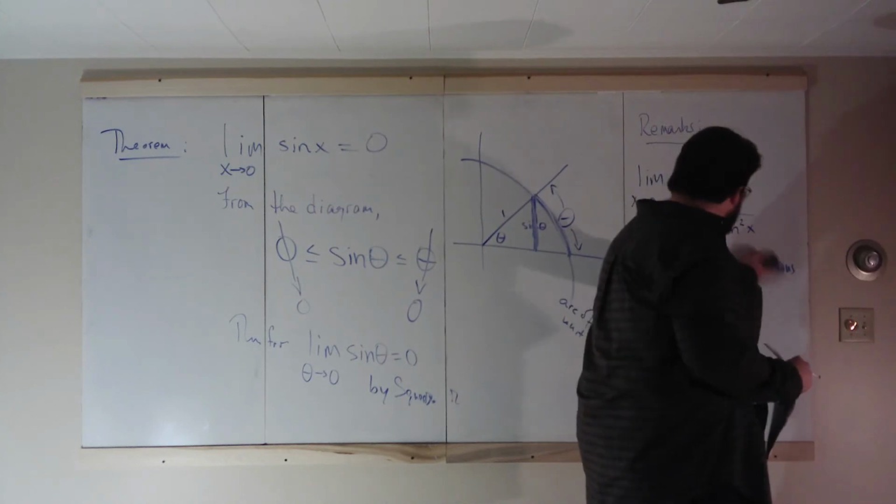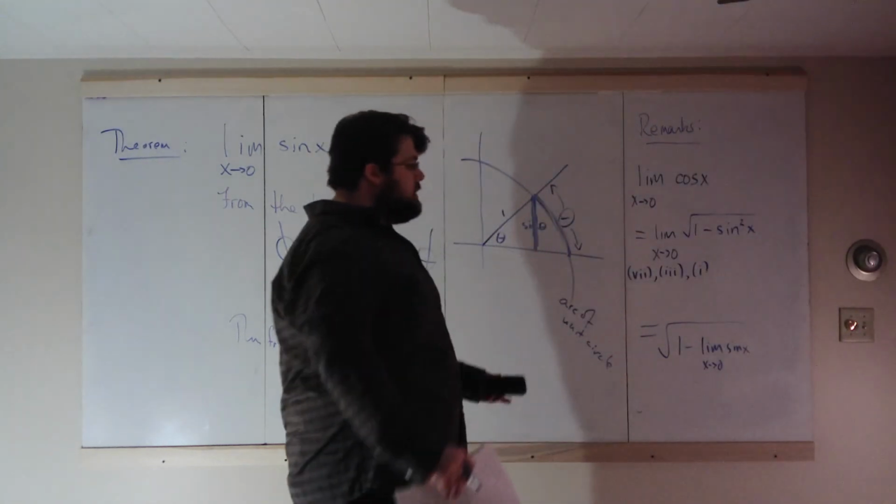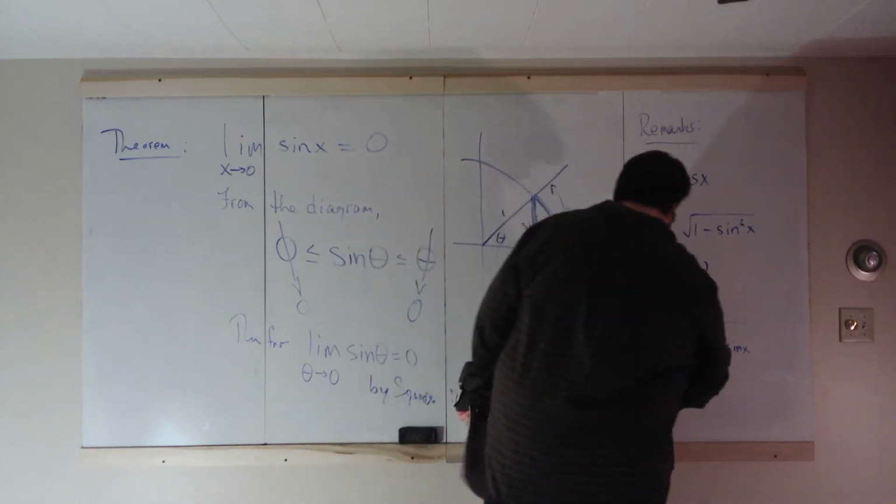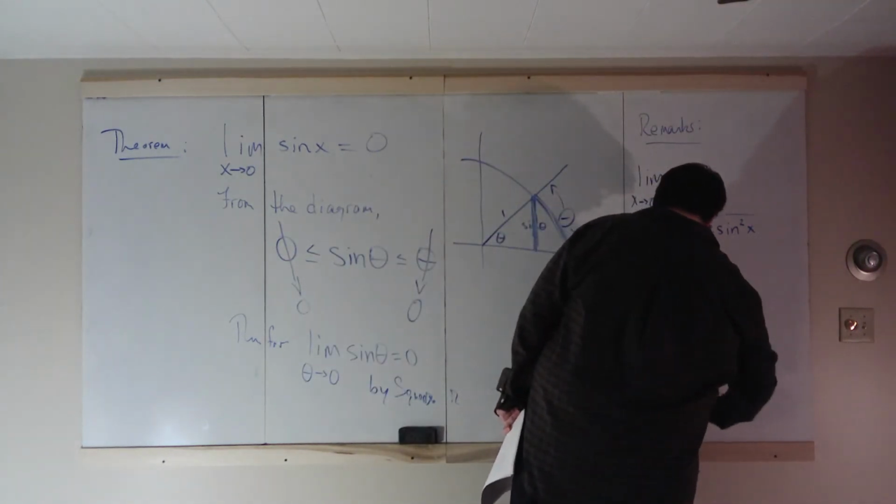Okay, I guess I didn't apply the previous theorem yet. By using those limit laws, this equals that. And by using that theorem, we get root 1 minus 0.